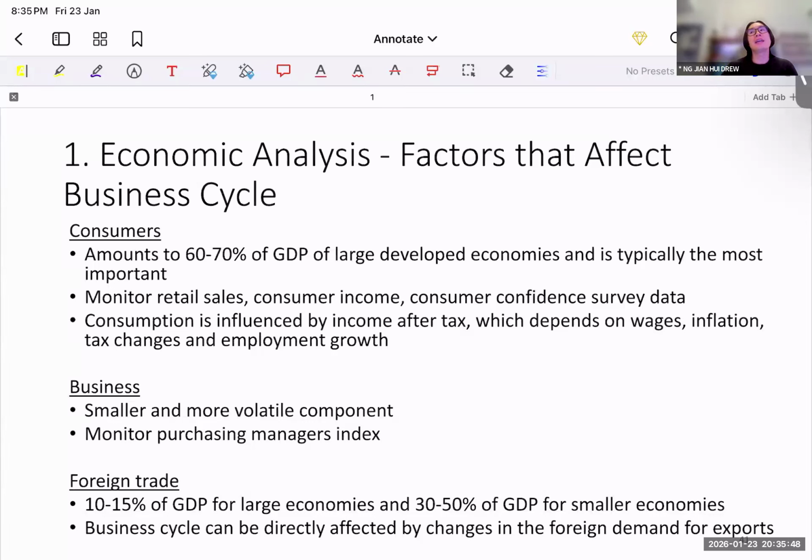So at the end of the day, the consumer plays the biggest role in the economy. When the consumer is confident, spending more, or their salary is increasing, then we see the economy growing as well.